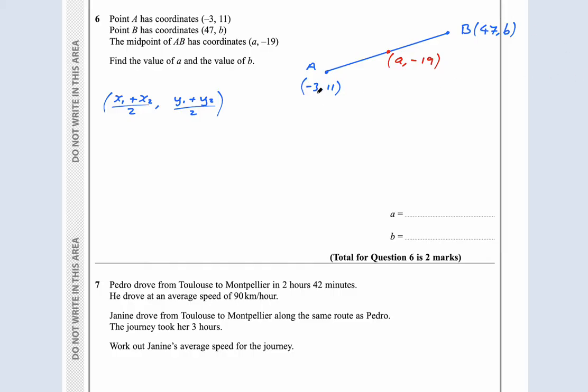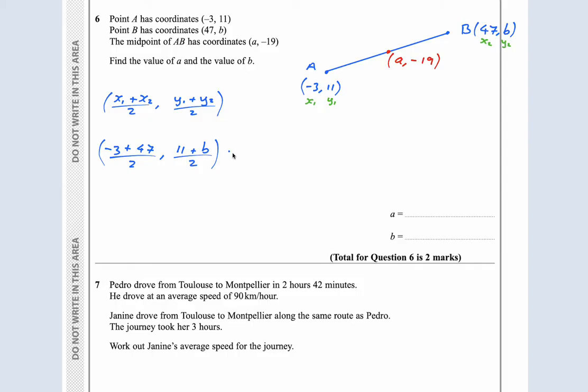Our points, let's say, are x1, y1, x2, y2. So our x1 is negative 3 plus x2 is plus 47 over 2, comma, y1 plus y2 over 2, so that's 11 plus b over 2.